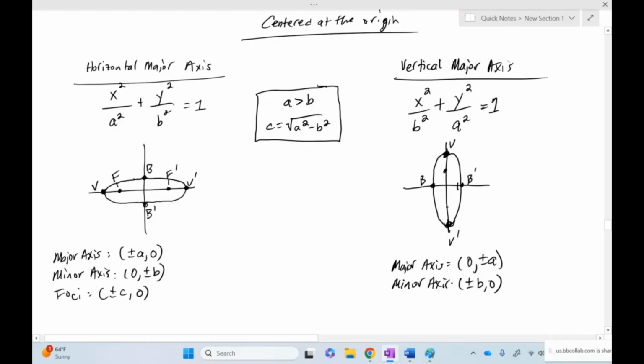And the foci are going to be located along the major axis. I'm just going to call one F and one F prime. The foci have the coordinates 0, plus or minus C. So those are basically just the coordinates for these points.